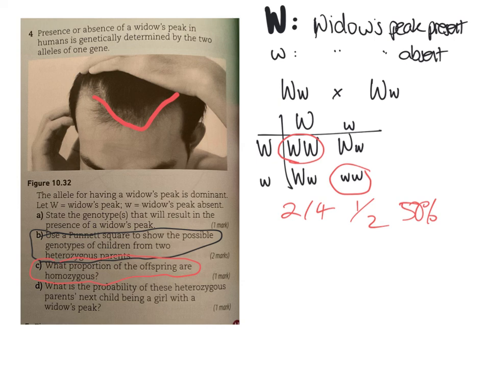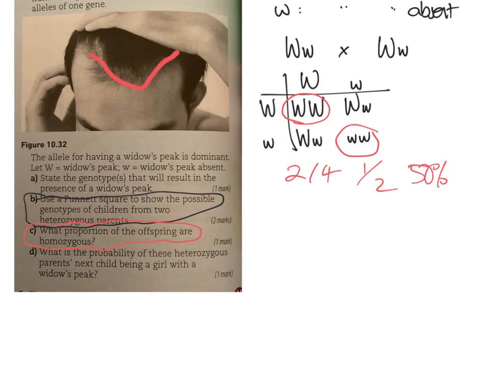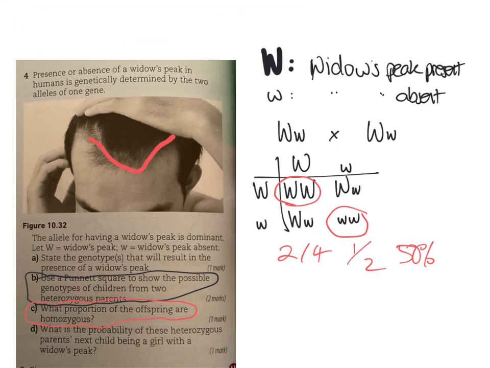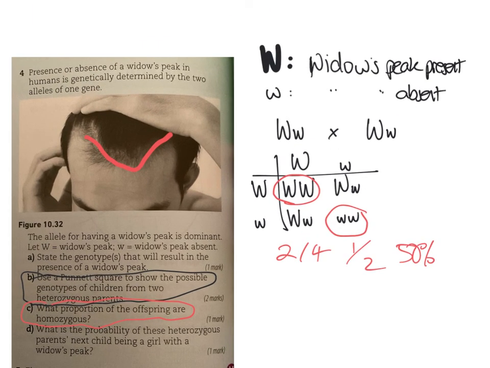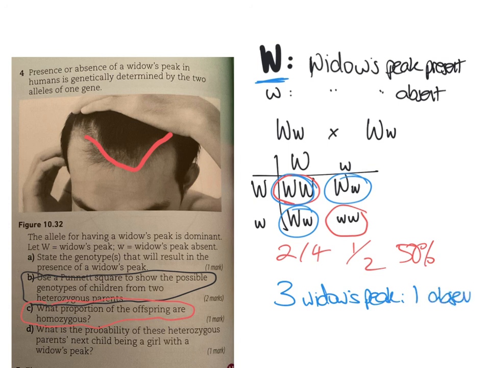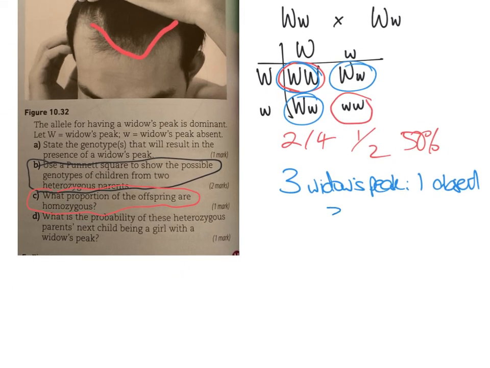For a widow's peak, you need to have a big W. So there's 1, 2, 3 with a widow's peak to 1 where they don't have a widow's peak. So what are the chances of having a child with a widow's peak? 3/4 or 75%.